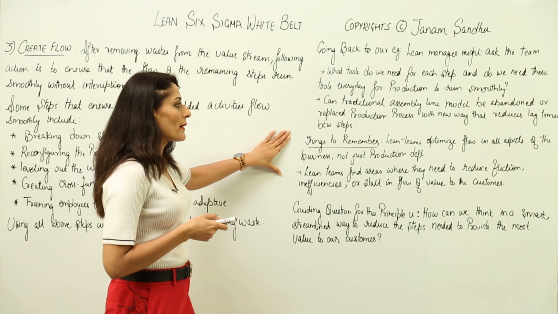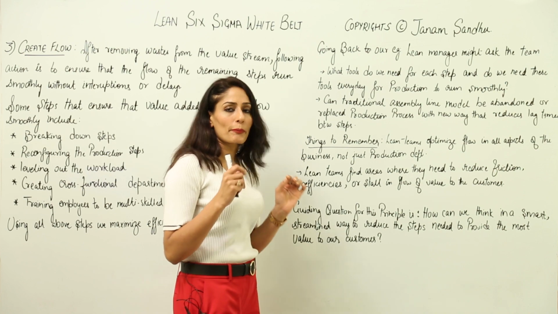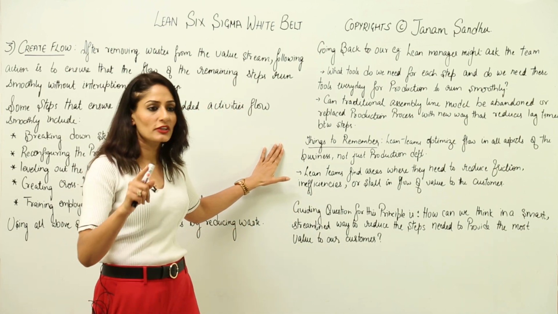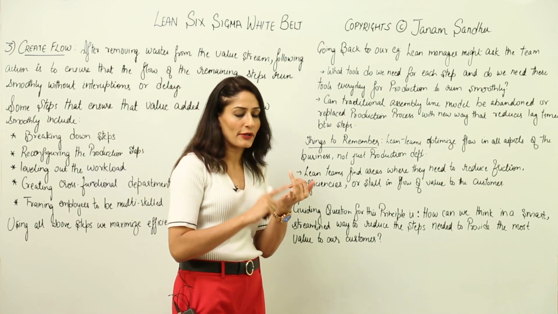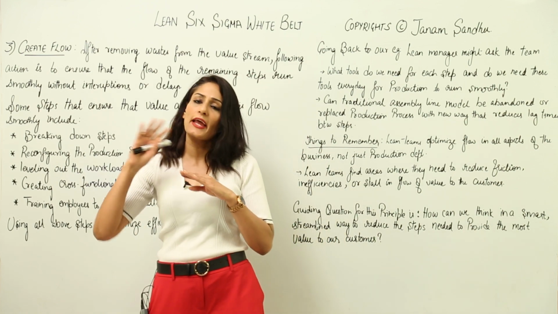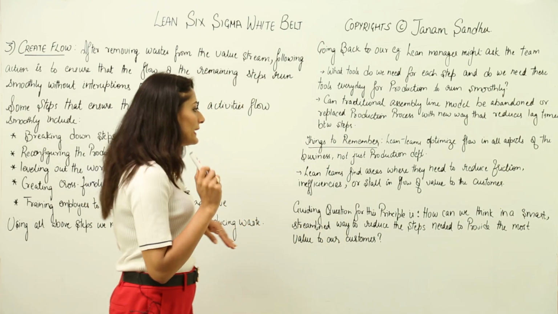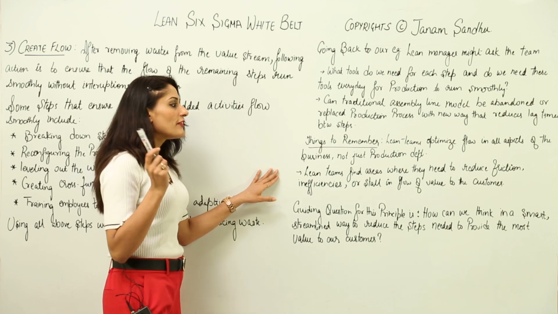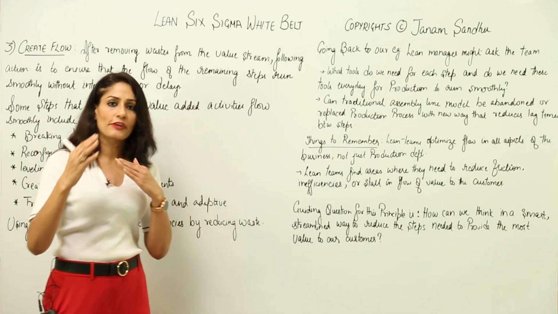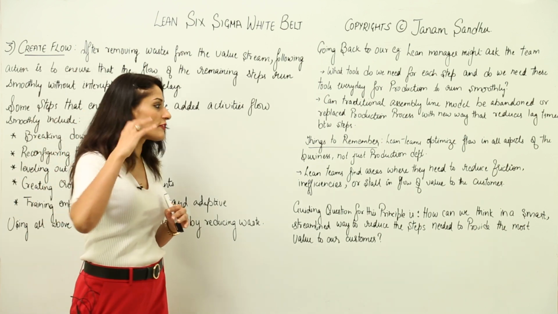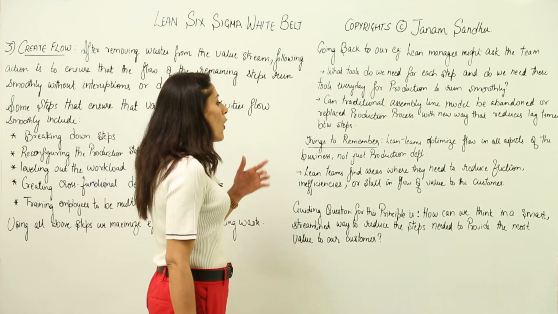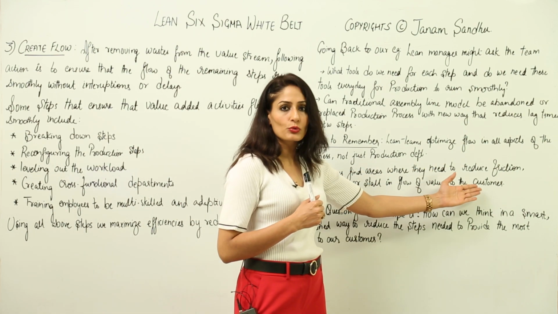So, the thing you need to remember is that lean teams optimize flow in all aspects of business. It is not only about production, they need to do it in marketing, for HR, for every department, right. And lean teams find areas where they need to reduce friction, that is, what are the steps which are creating friction when we talk about giving value to the customer, where are the inefficiencies which are creating waste or which stall the flow of value to the customer.